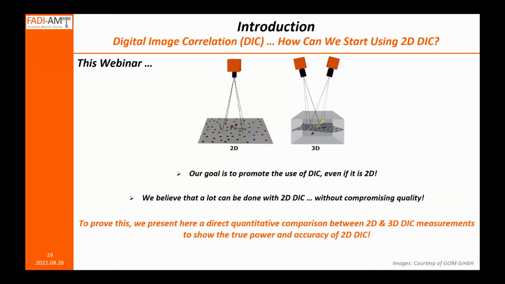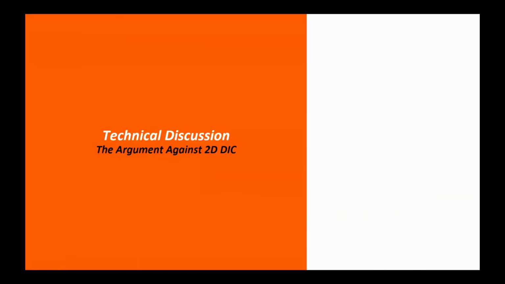And to prove this, this webinar tries to address the technical issues and also provide experimental validation by doing a direct comparative study between 2D and 3D DIC to show how much is the error involved and how repeatable, reliable 2D DIC is, so that it gives people who are interested in this direction more comfort that maybe some of those labels against 2D DIC are not truly correct. So let's go to the technical part of this webinar.